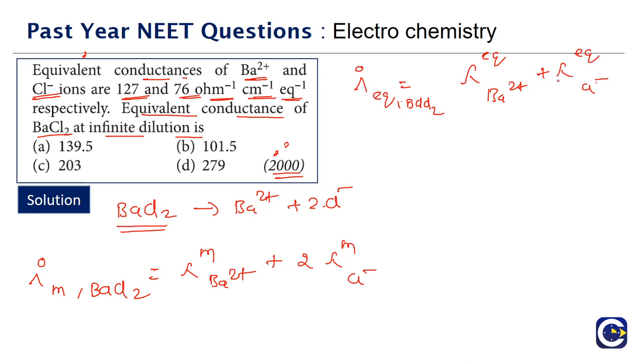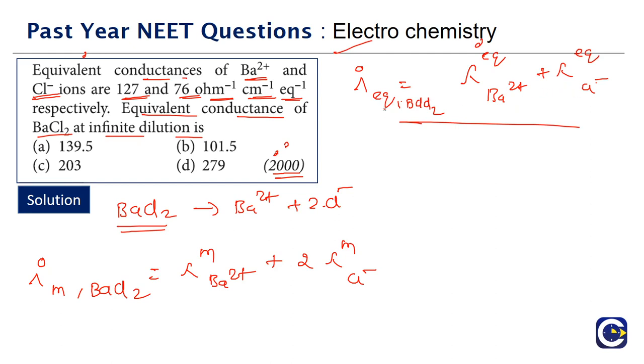For any electrolyte we take, the equivalent conductivity of an electrolyte will be equal to the respective equivalent conductivities of the cations plus the equivalent conductivities of the anions.